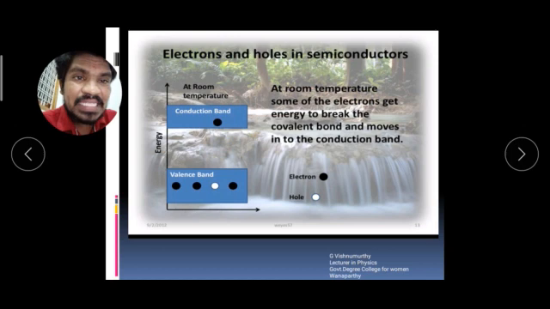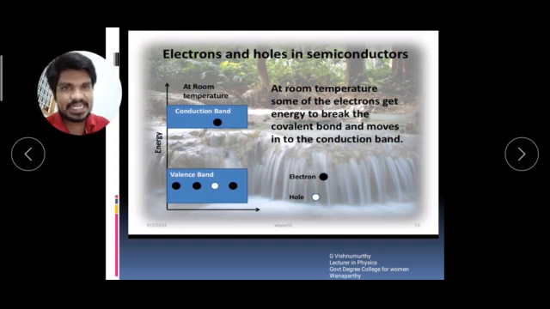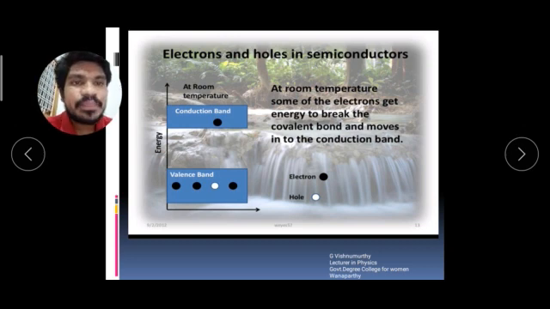When the valency electron leaves the valency band, an empty place is created. That empty place is known as hole. The empty place which is present in the valency band is known as the hole. And the electron which has reached the conduction band is called the conduction electron.